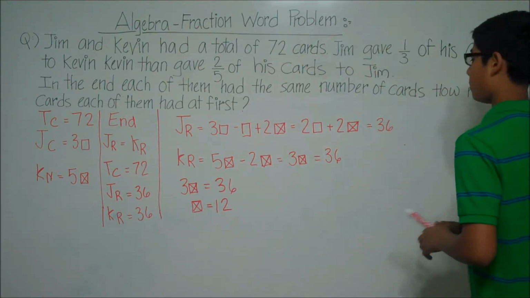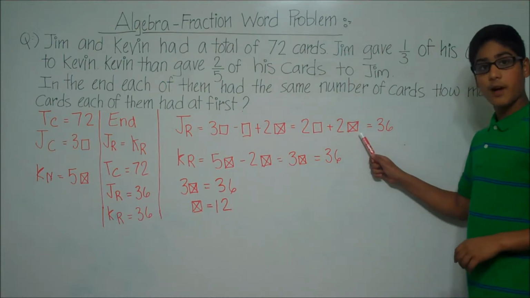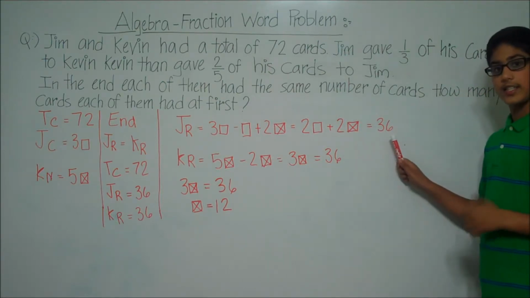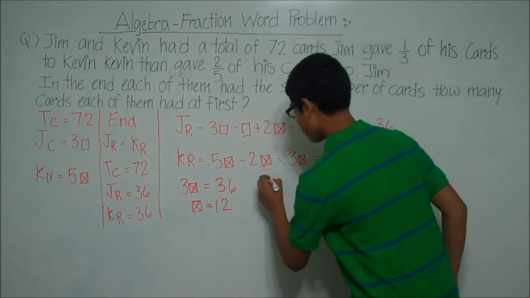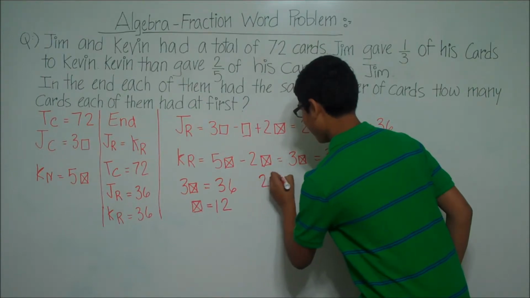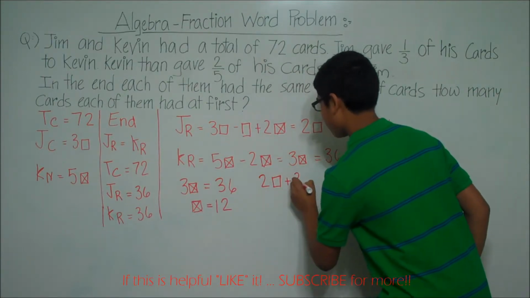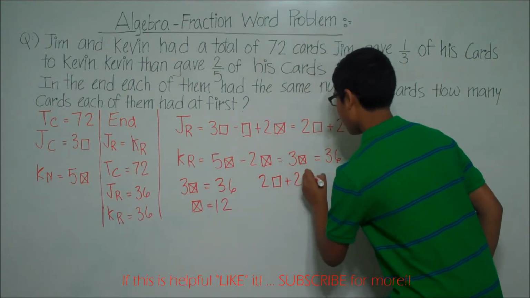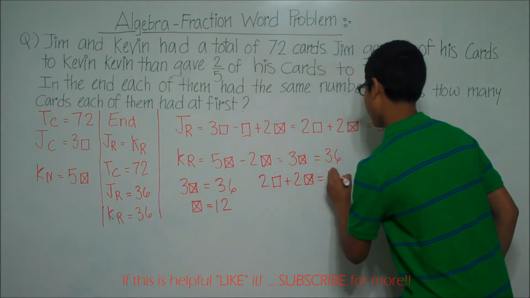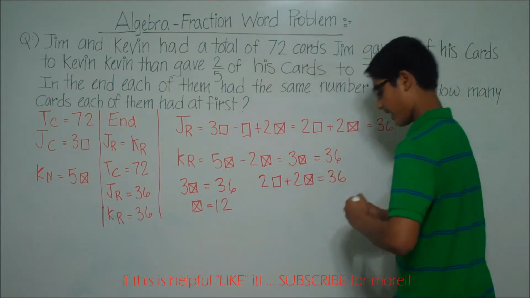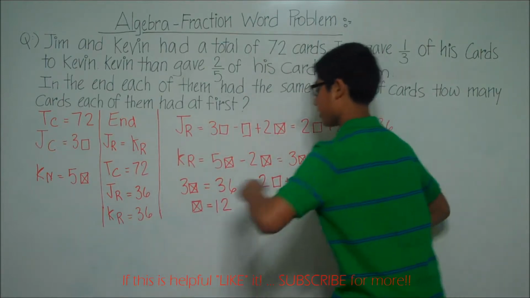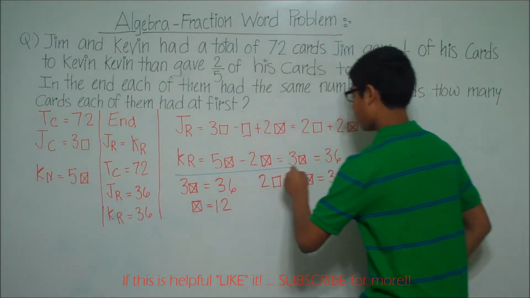Now we also know that 2 units plus 2 boxes is equal to 36. Now let's separate these two things.